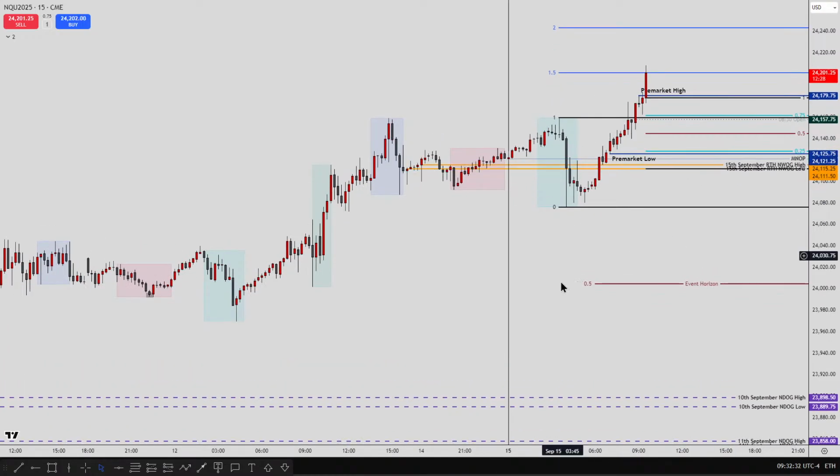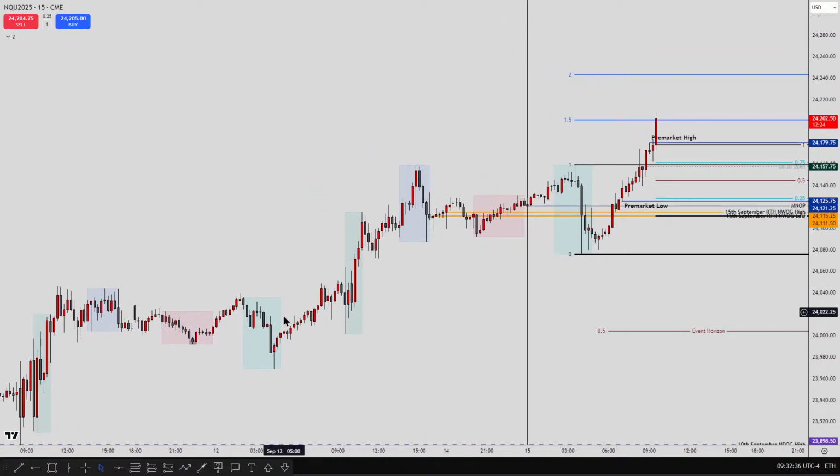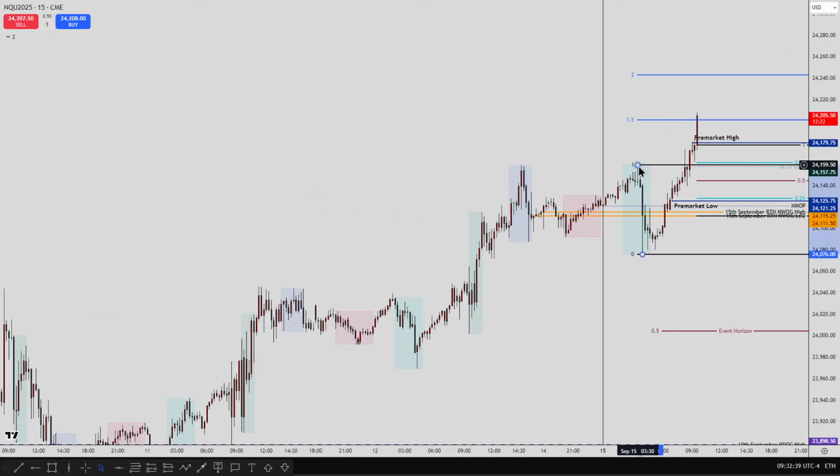So the reason I'll use the London kill zone is because on a 15-minute chart, if you zoom out a little bit, you can see that it's a dealing range, it's a fulcrum, where it takes out this high. It does take out the high just by a tick, I'm pretty sure.